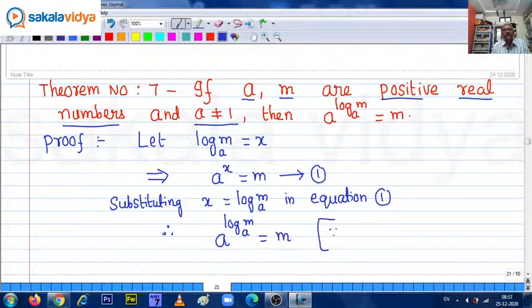This is called the logarithmic identity also. Okay, let us do some problems now.